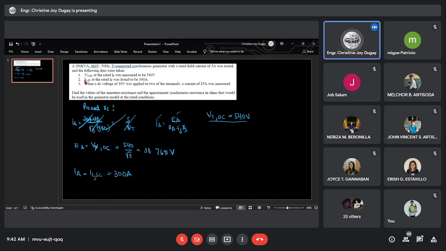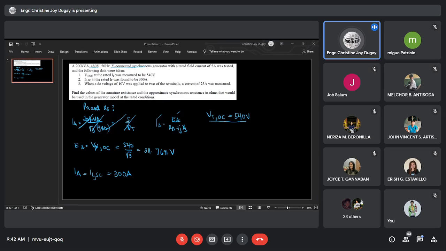Kanina nabanggit dun sa module ninyo na pwede daw nating mahanap si RA if we are going to apply a DC voltage to the machine's terminal with the rotor stationary to obtain the RA natin.